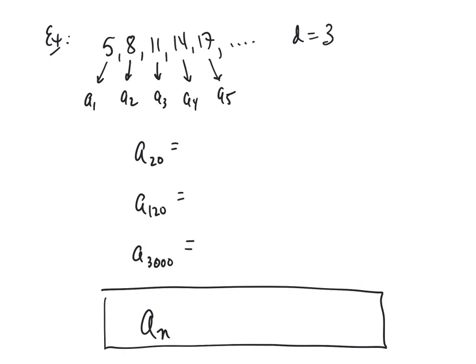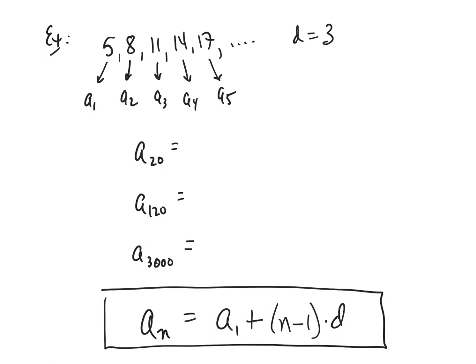So n could be represented by 20, or 120, or 3000. n can represent any number you wish. What we do is we take the very first term in the sequence and add n minus 1 multiplied by d.